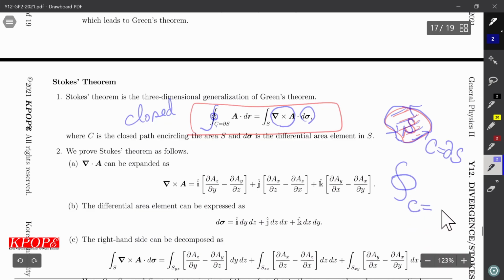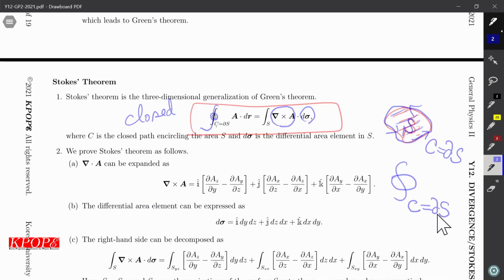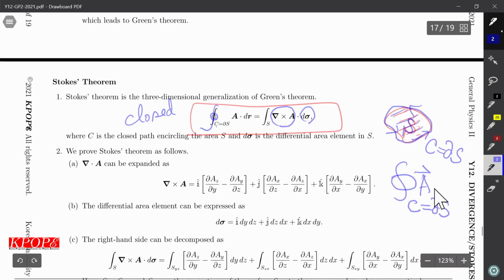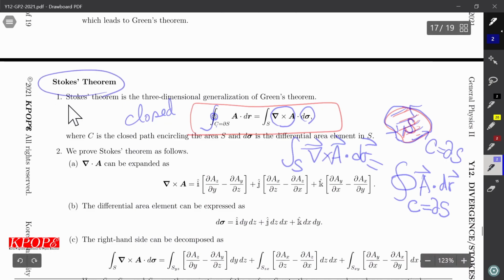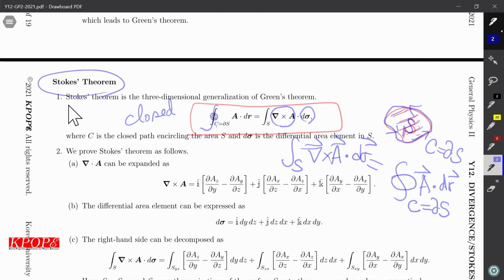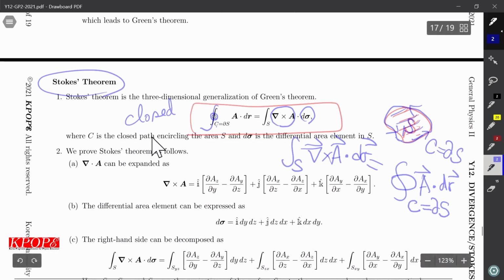That closed path is the boundary of the surface. That is called Stokes' theorem. By making use of Stokes' theorem, we can derive the differential form of the other remaining Maxwell's equations later.